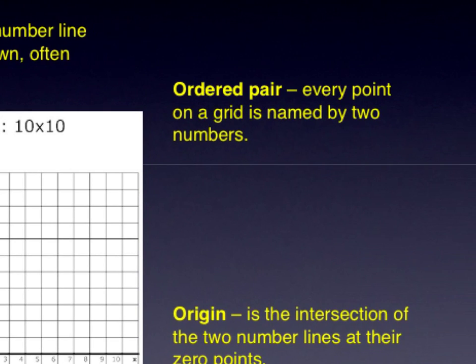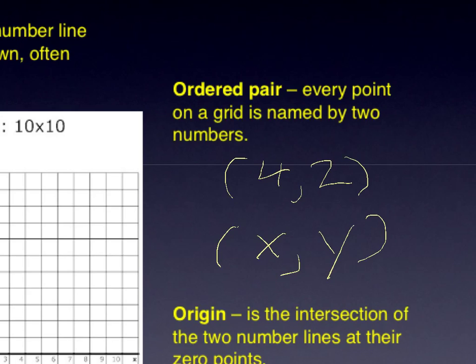Every point on a grid is named by two numbers, and they're called an ordered pair. This is how they're notated. Say I was at 4, 2. The first number is on the x-axis, and the second number is on the y-axis.